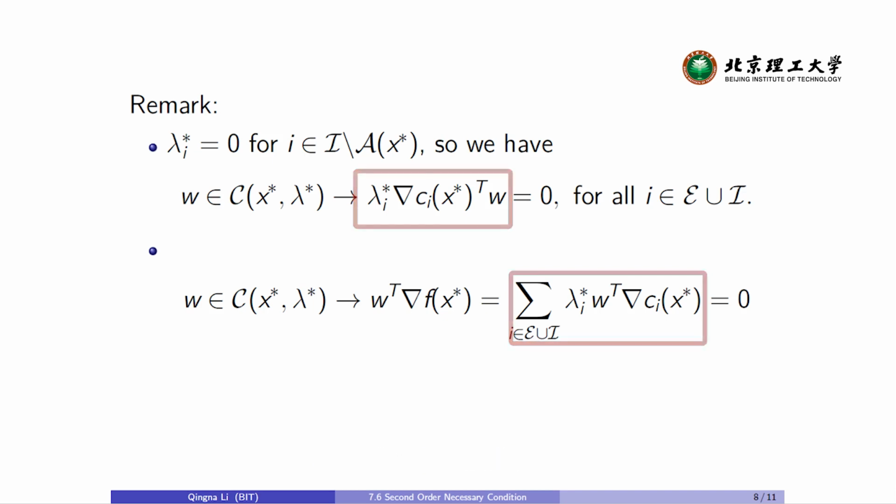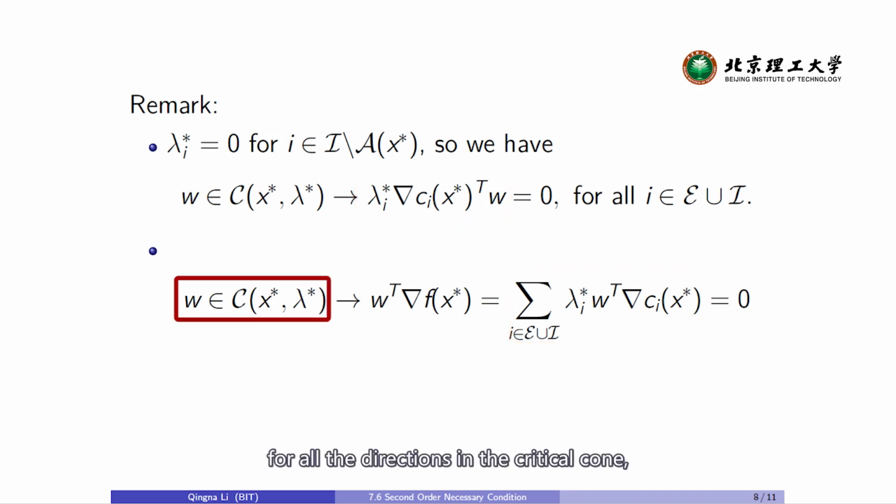In other words, all the directions in the critical cone actually characterize the undecided directions. Because this direction is orthogonal to the gradient, we have no idea along this direction whether the function will increase or not.